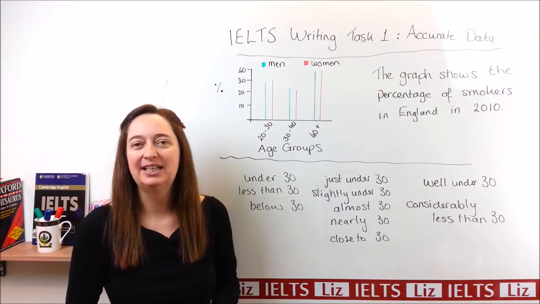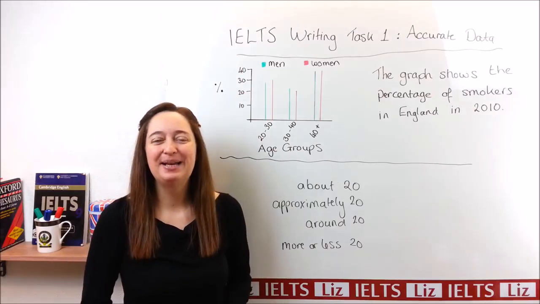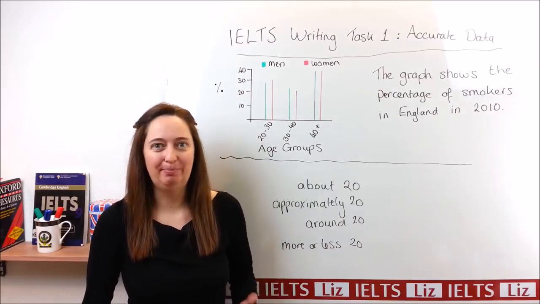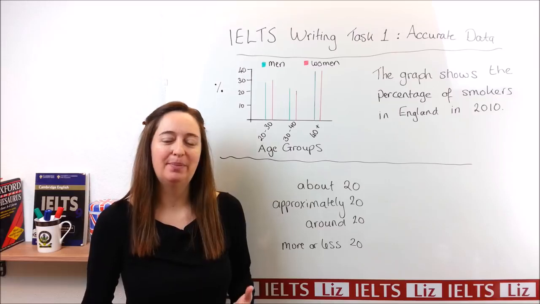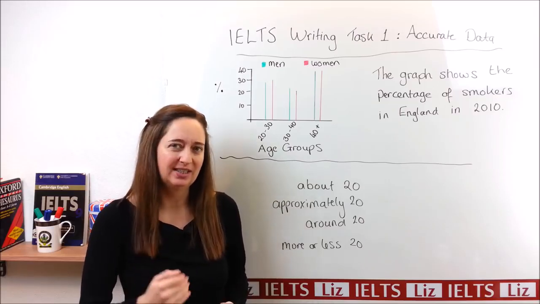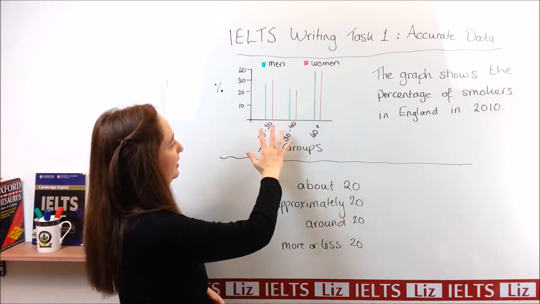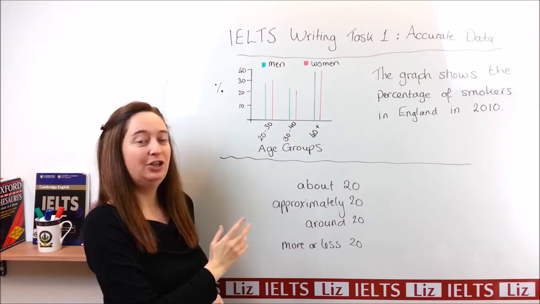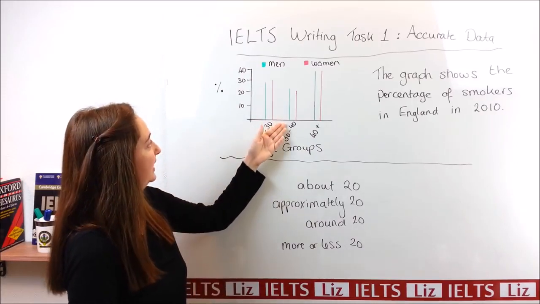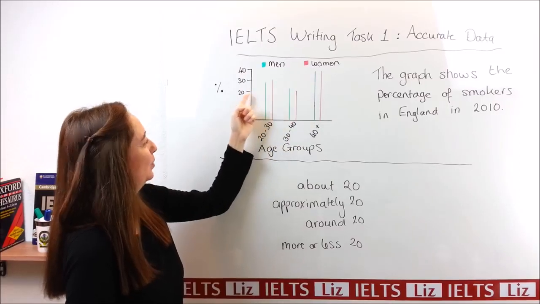Now let's have a look at how to paraphrase the word about. So here we have some expressions for about, and we use about when we're not sure if it is over or under. It's not very clear. So if you look at the chart here, you will see in the age group of 30 to 40, the number of women was about 20.